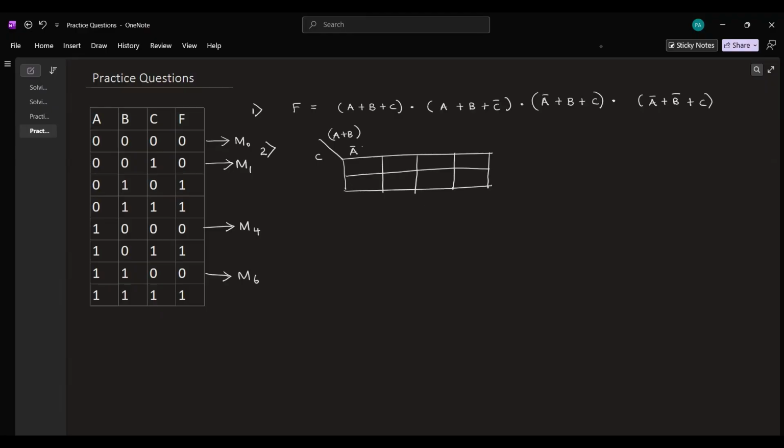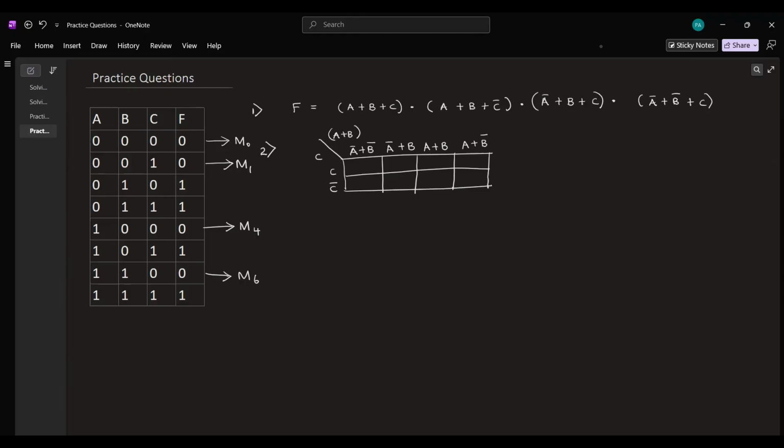So this will be a bar plus b bar, and this will be a bar plus b, and this will be a plus b, and finally a plus b bar. And here we have c and c bar. This order depends on gray code. I will attach the link to the K-map video where we discuss this. You can go through that if you are confused on how to write this order.